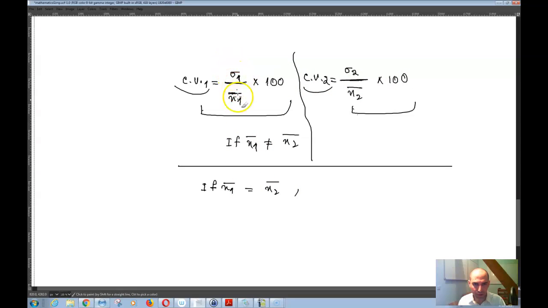In case sigma 1 is greater than sigma 2, for example, then you can say that distribution 1 is more variable than distribution 2, or you can say that distribution 2 is more stable than distribution 1. Okay. So I have to correct myself here, and now we will continue with this example.